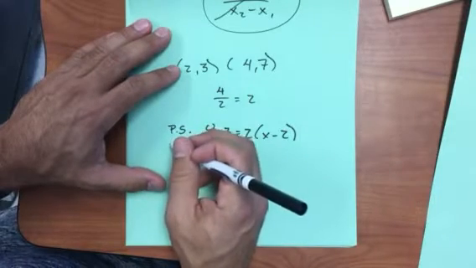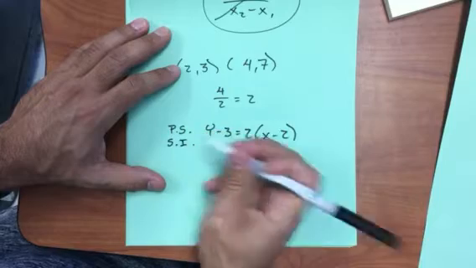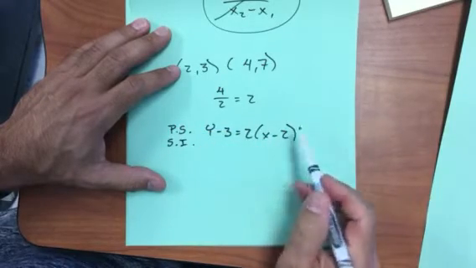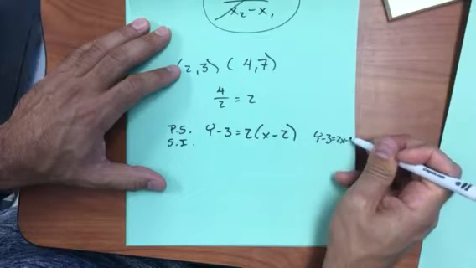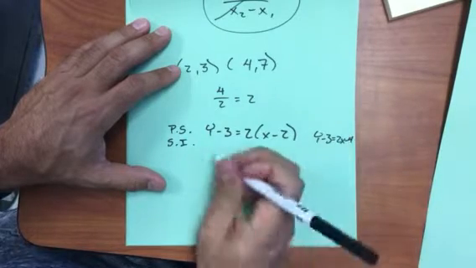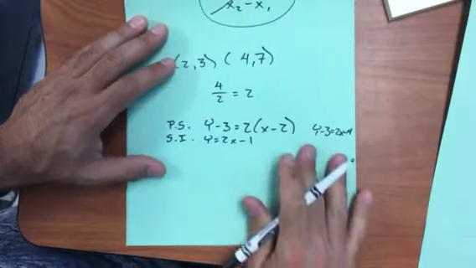In slope-intercept form, I can distribute this, which is going to give me y minus 3 equals 2x minus 4. And then I can add the 3, so it's going to be y equals 2x minus 1.